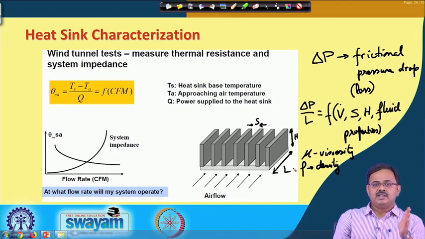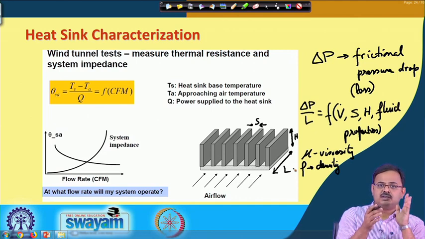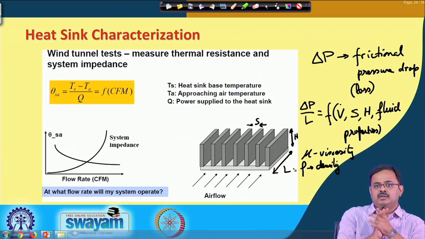In an electrical circuit, the driving force is the voltage difference or the potential difference, and what flows is current. Here also the driving force is the pressure gradient, or in this case the pressure loss, and what flows is fluid, the volume flow rate. Okay.